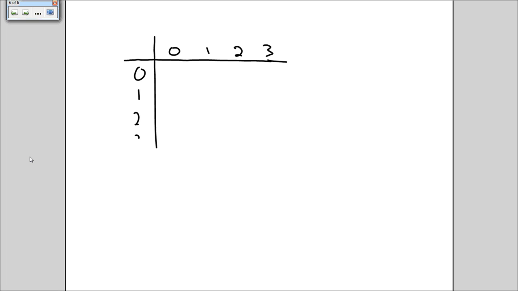Okay, so we have this table, and for x, it could have only been 0, 1, 2, and 3, and for the y's, it can only be 0, 1, 2, or 3, because you only pick 2 balls.